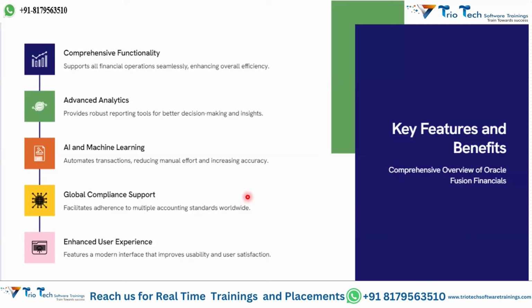So first is comprehensive functionalities. Comprehensive functionalities means the application has been developed keeping in mind all the business activities, and that too in an integrated manner. The various business functions are all integrated.